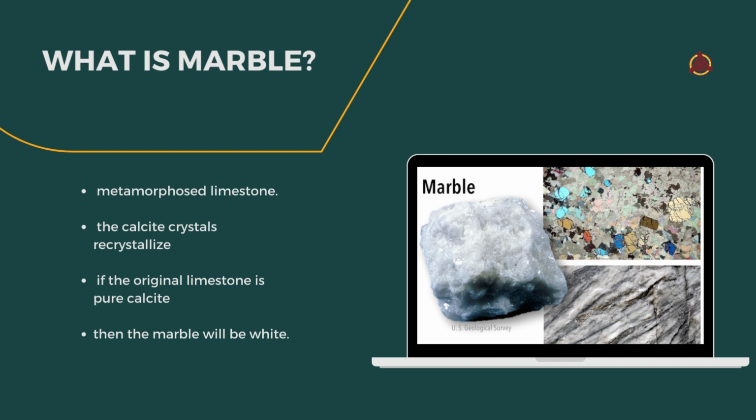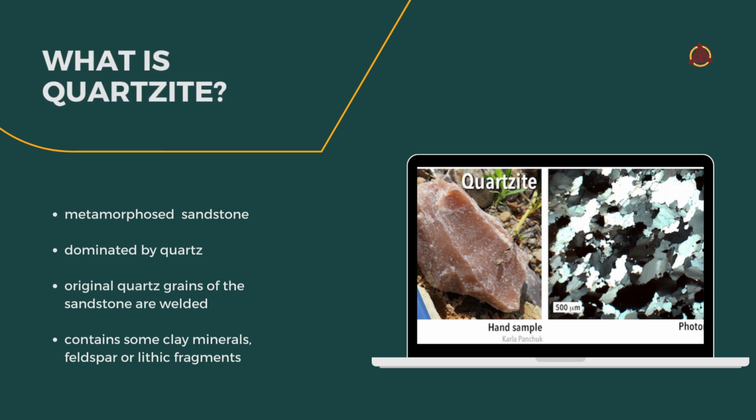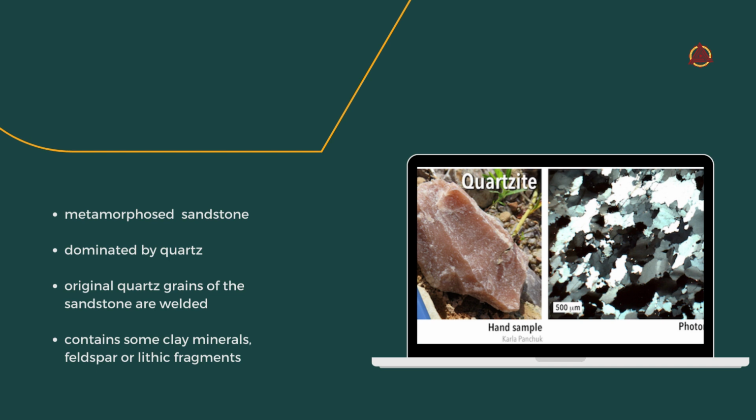On the other hand, if it has impurities such as clay, silica, or magnesium, the marble could be marbled in appearance. A quartzite rock is metamorphosed sandstone, and it's also dominated by quartz. Originally, quartz grains of the sandstones are welded and contain some clay minerals, feldspar, or lithic fragments.